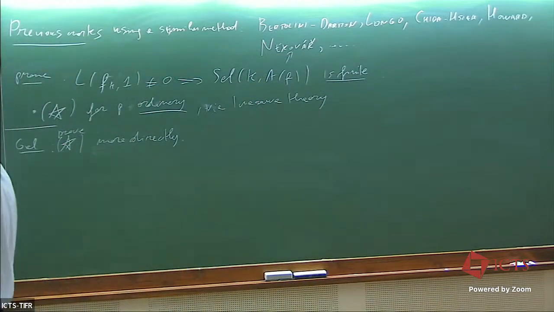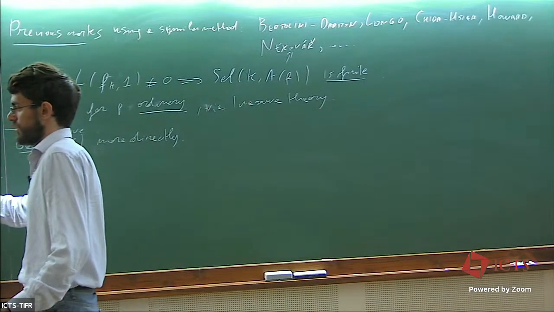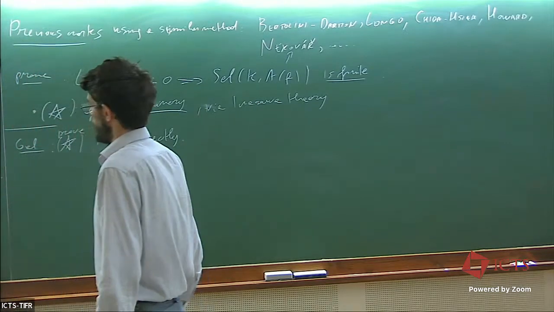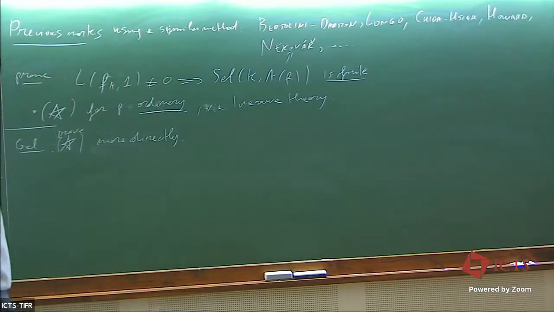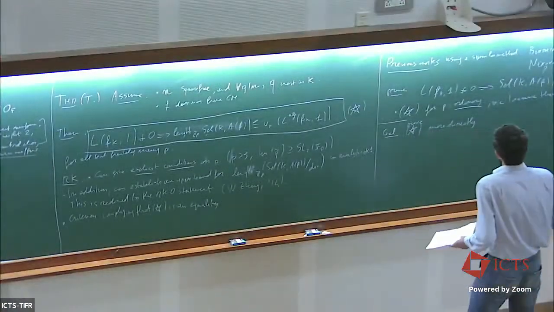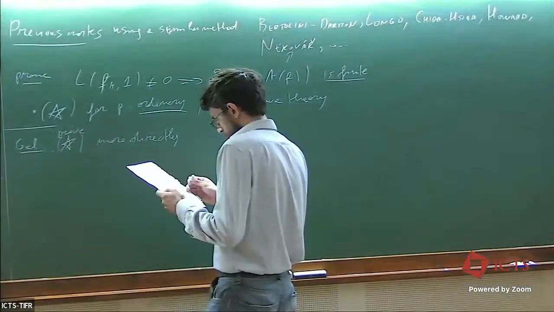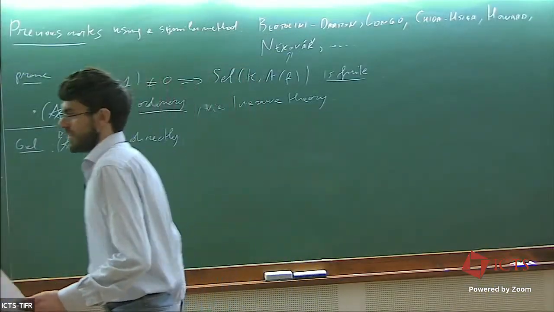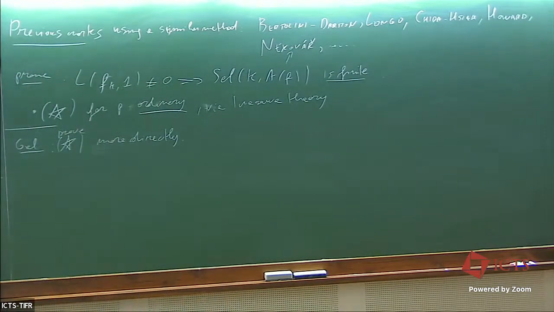I don't have to worry about the splitting behavior of P, which other people had to do. The disadvantage, as I said, is that I cannot prove the full equality. So this is everything I wanted to say, and now I will try to describe the proof in most of the rest of the talk.